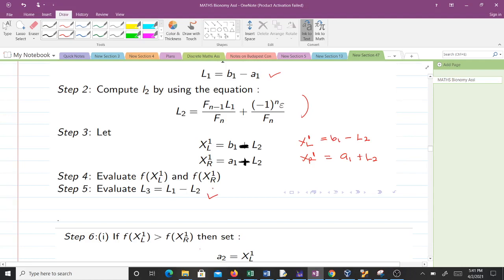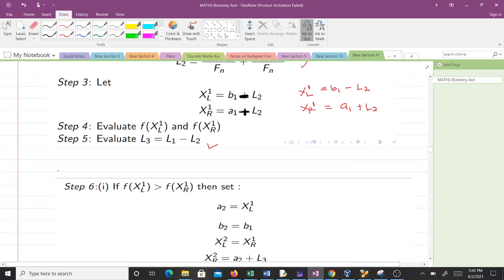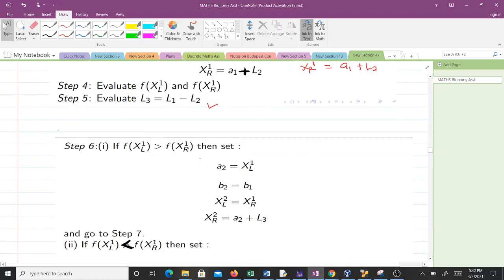Okay, then based on the functional values we had, we make some decisions. So if our f of xl1 is greater than f of xr1, then we have this here. So let's draw it here.